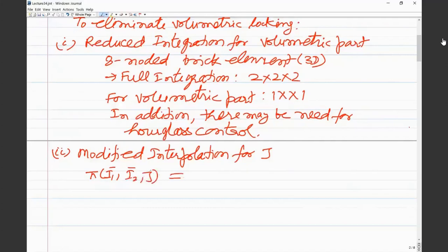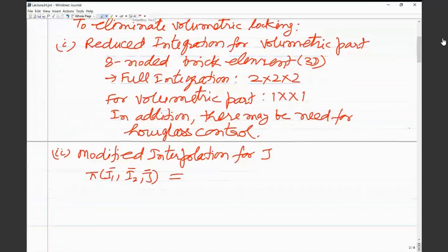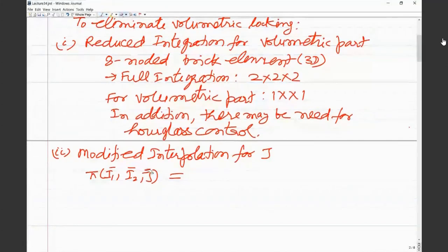It is not the reduced J bar; you are using a modified interpolation. Let me put tilde rather than bar, so that it is different from the other thing. So you use J tilde.